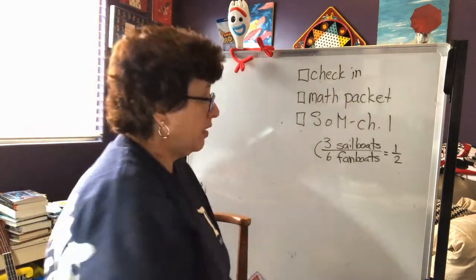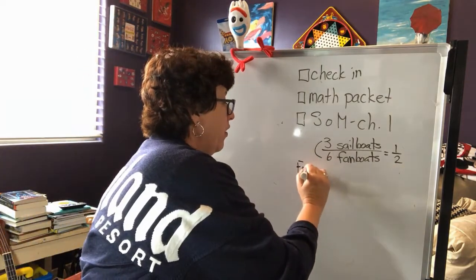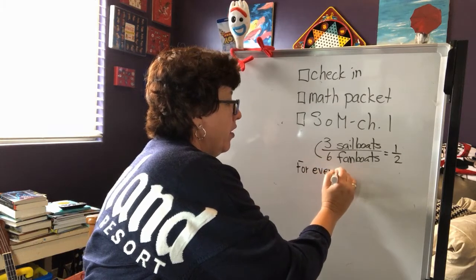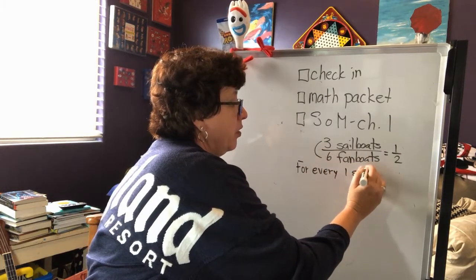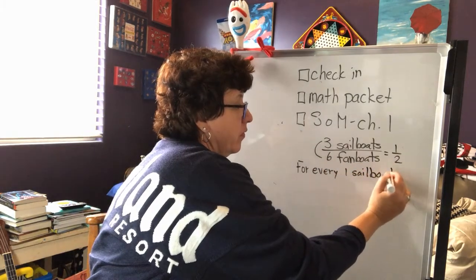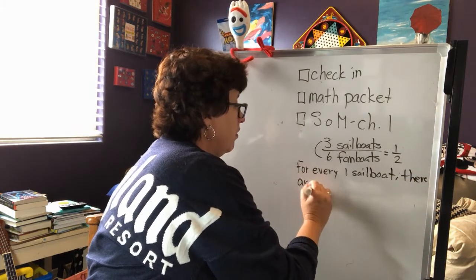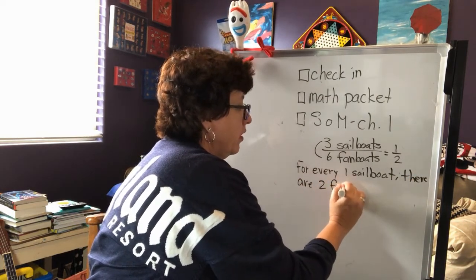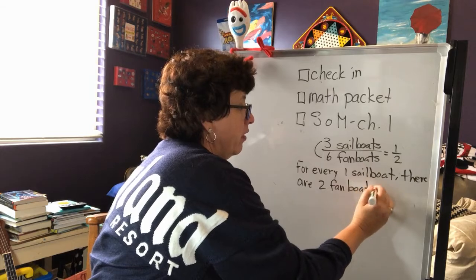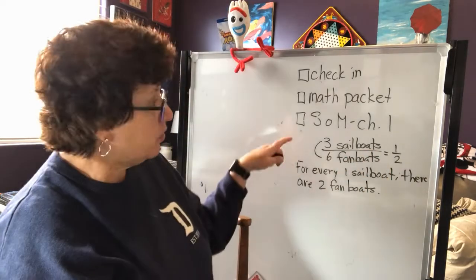And explain its meaning. For every 1 sailboat, there are 2 fan boats. And that's what you do for 1 through 10.